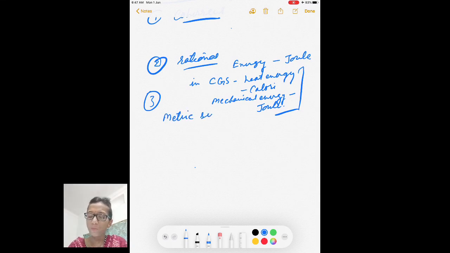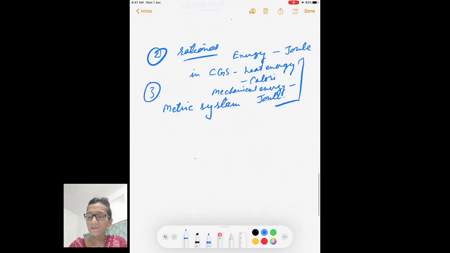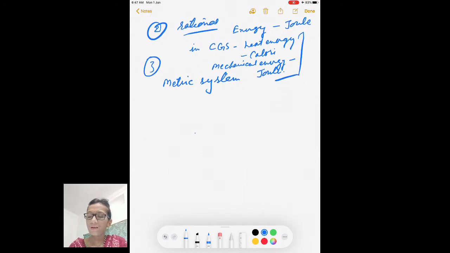Now it is based on the metric system. Every multiple and submultiple can be obtained in terms of certain powers of 10. Suppose you have something in centimeter, 10 centimeter. It can be very easily converted into the SI system by multiplying with 10 power minus 2, a certain exponent of base 10.